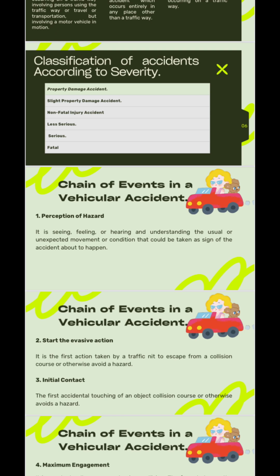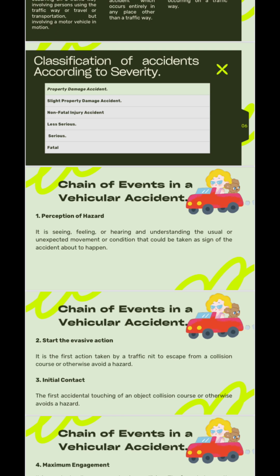So number 4 is less serious injury accident. In this case, the injury is more severe than a non-fatal injury, but it still doesn't result in permanent disability or death. The injured person may need extensive treatment but full recovery is possible.